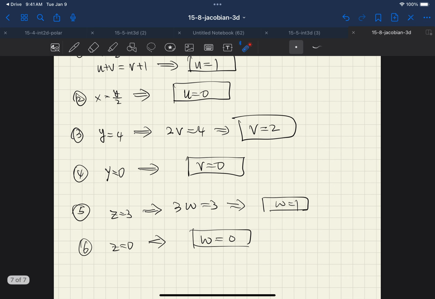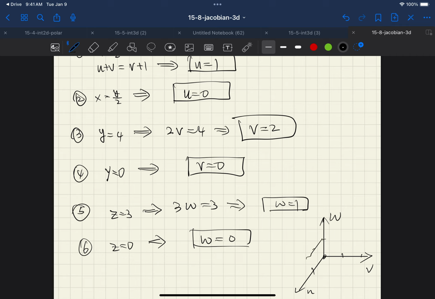And this is a rectangular, hyperrectangular, or cubic region. So basically, if you look at this as u, v, w, then u is from 0 to 1, v is 0 to 2, and w is 0 to 1.